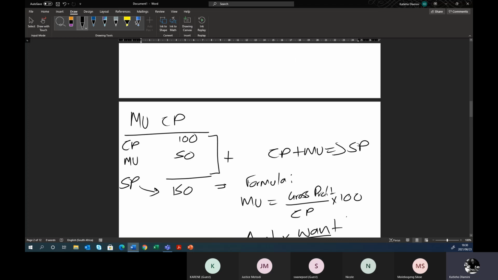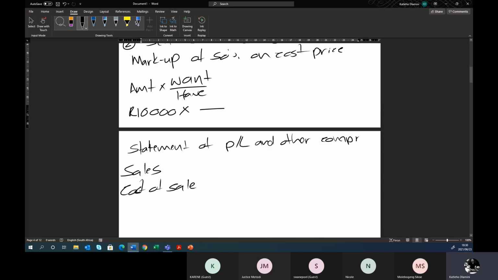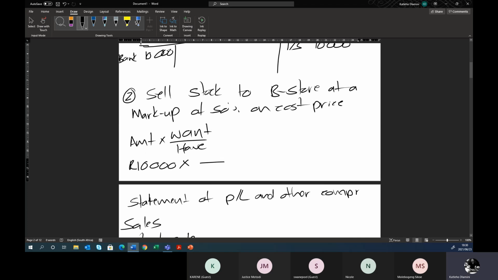What are you looking for? You're looking for your selling price, which is 150. This is what you have. This is what you want. Obviously, what you have and what you want will change based on the question. So what you have is the 100. What you want is the 150. Let me pull out an on-screen calculator.